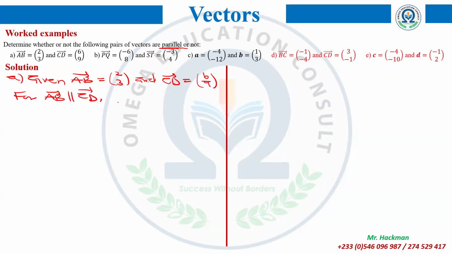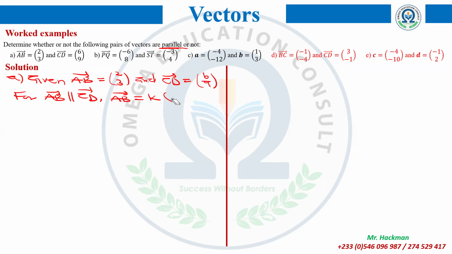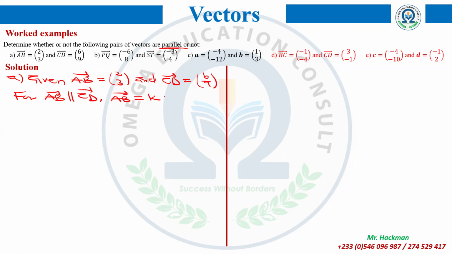So I can write vector AB should be equal to K times vector CD. I can choose not to put it in brackets because it's the same. So I'm stating the condition which you know from the previous slide. Or somebody could have done CD should be equal to K AB. It's the same thing. Is my point well made?